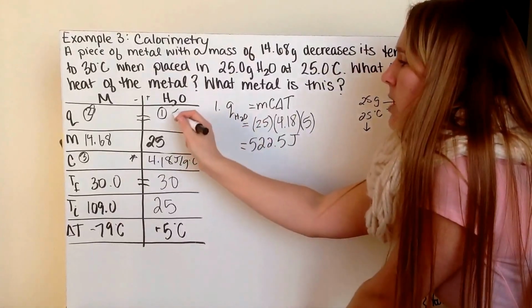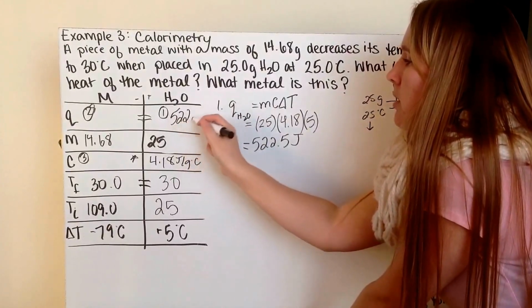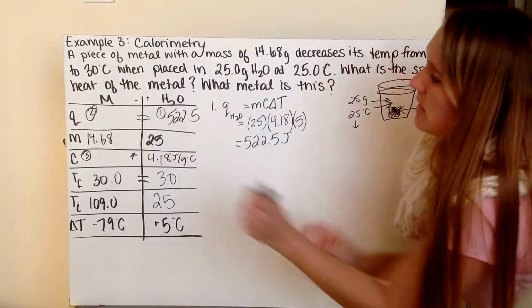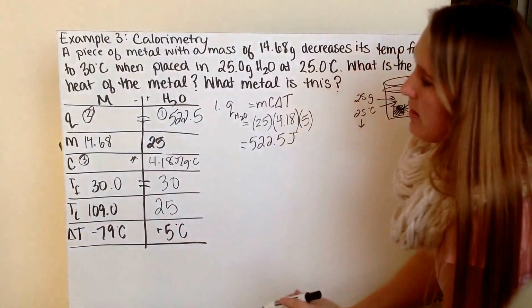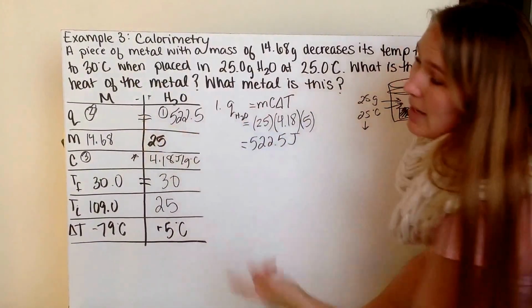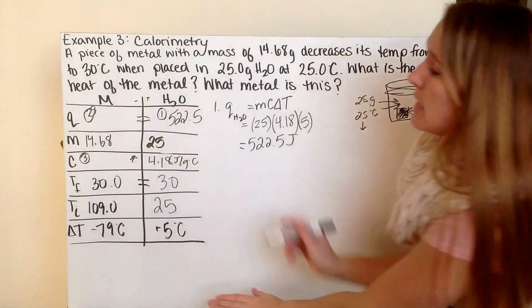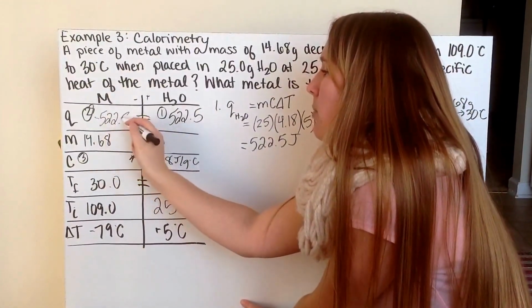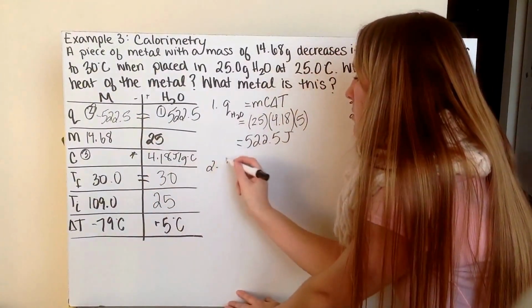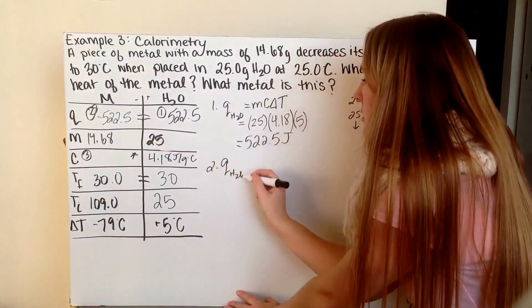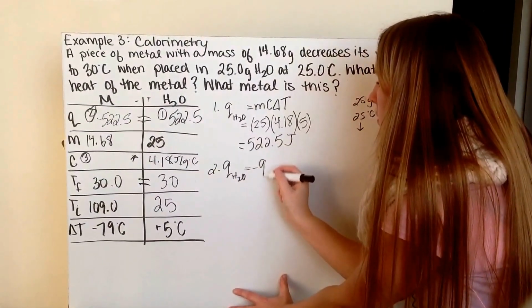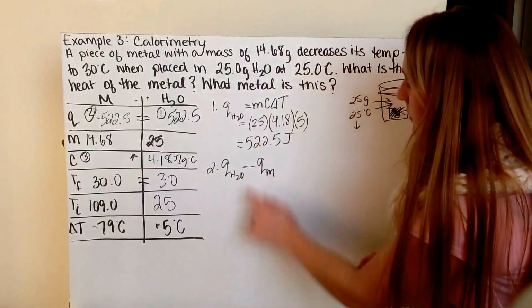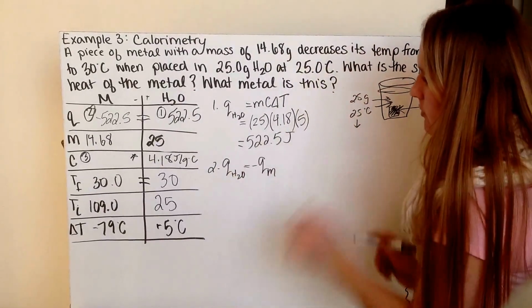Plug that in for number 1, 522.5. That's equal to the heat of my metal, except it's going to be negative. My metal lost heat. So this is negative 522.5. So step 2, Q of my water equals negative Q of my metal, 522.5.